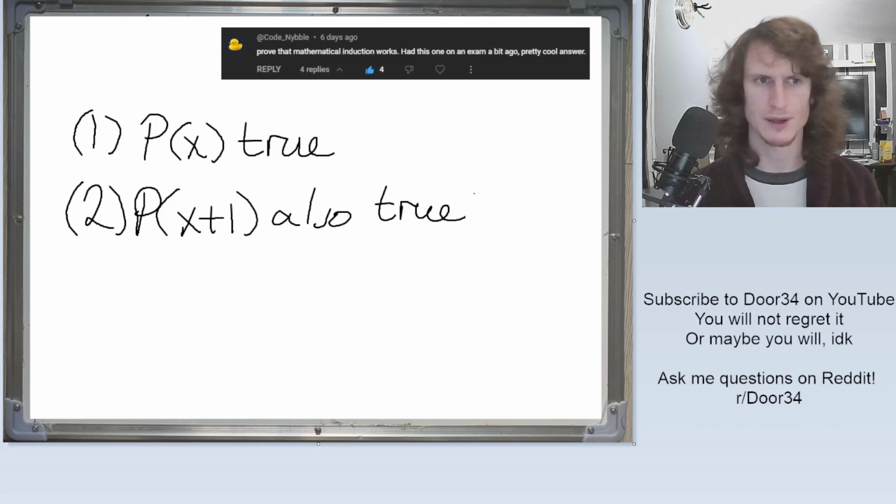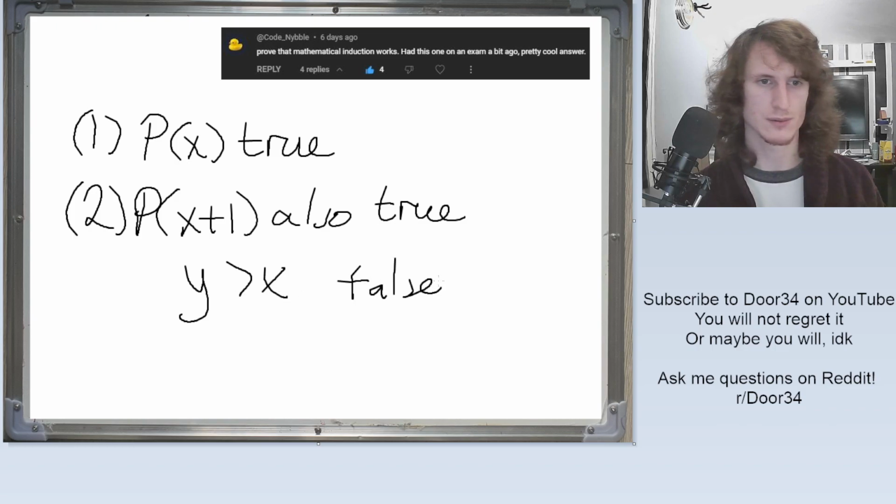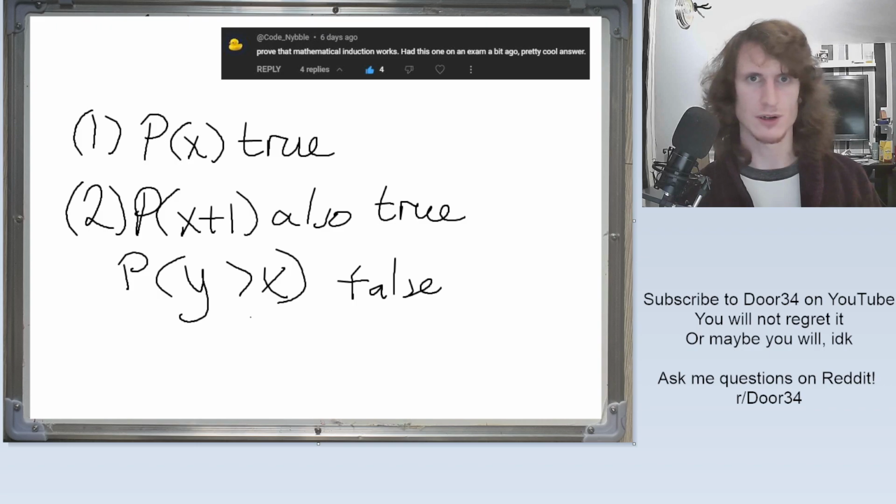What I mean by that is, let's say that there is some number bigger than x where this doesn't work. So this is y greater than x, and that's false. Well, how could this work? If we know that it's true for x, you can write y as just being x plus some number, let's call it a.